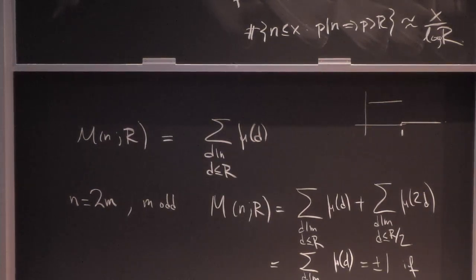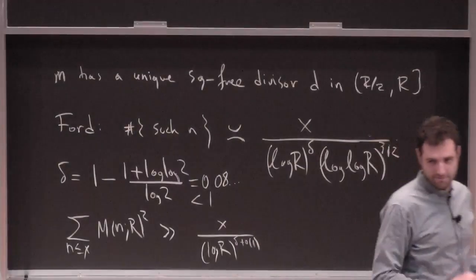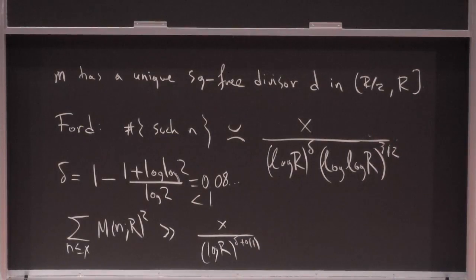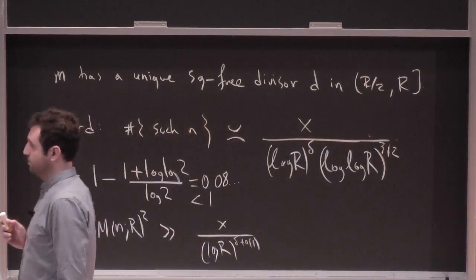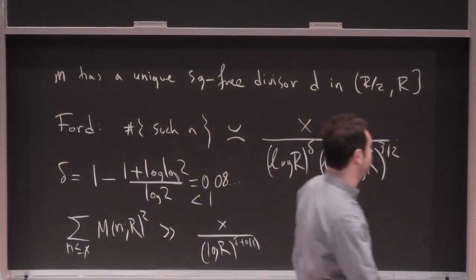So this sum will be supported on integers that look nothing like almost primes. Very, very different. So we need to have some smoothing in order to bias our weights to only capture almost primes, or something that looks like that.